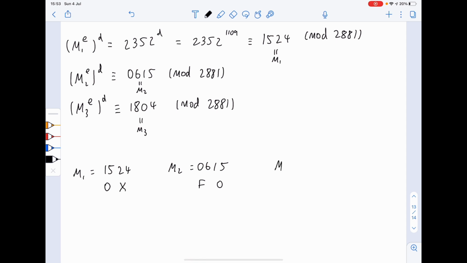F, O, and maybe you can see where this is going, R, D. So the message is Oxford.